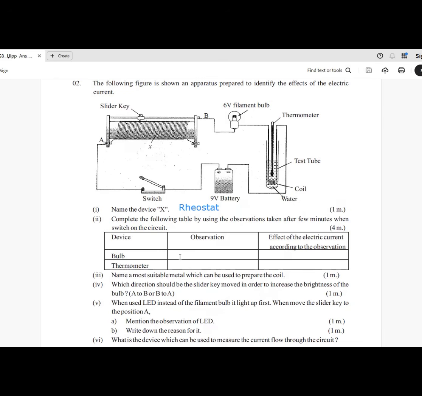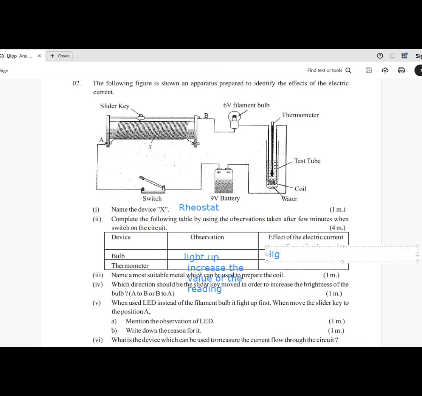Complete the following table by using the observations taken after few minutes when switched on the circuit. Bulb lights up. Thermometer, increase the value of the reading. Effect of the electric current according to the observation.